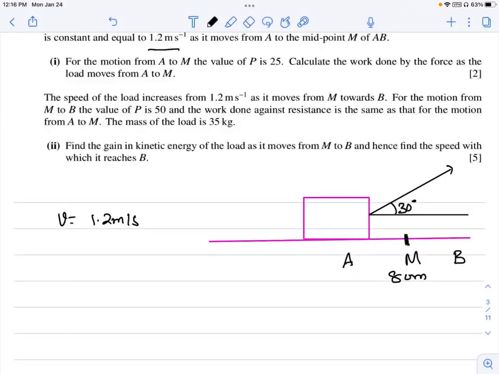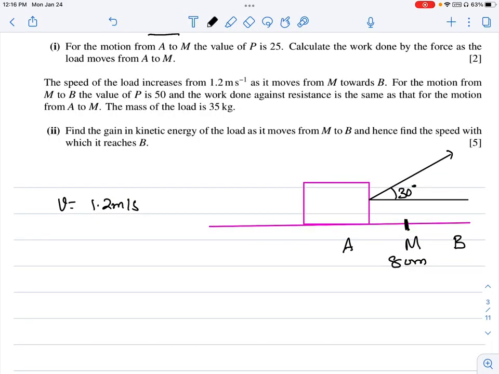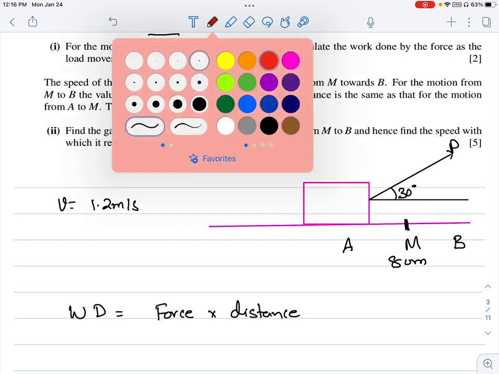So from A to M, he is asking us to find it out. So work done is equal to nothing but what? Force times distance. So we need to know the force. We know that it is P newtons. So I resolve that one into two components.